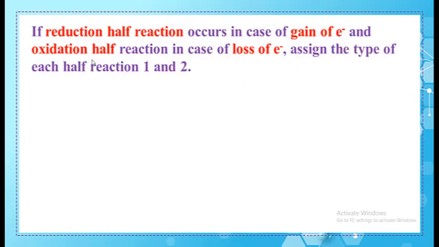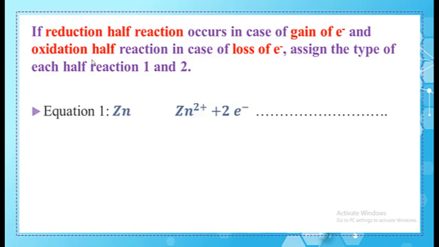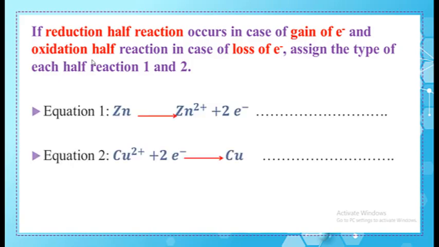If reduction half reaction occurs in case of gain of electrons and oxidation half reaction in case of loss of electrons, assign the type of each half reaction, 1 and 2. Equation 1, Zn gives Zn²⁺ plus 2 electrons, and equation 2, Cu²⁺ plus 2 electrons gives Cu. Here in equation 1, the electrons are at the end of the reaction.